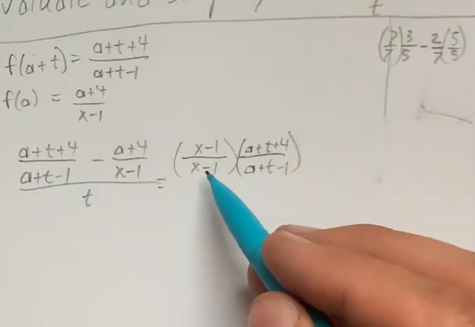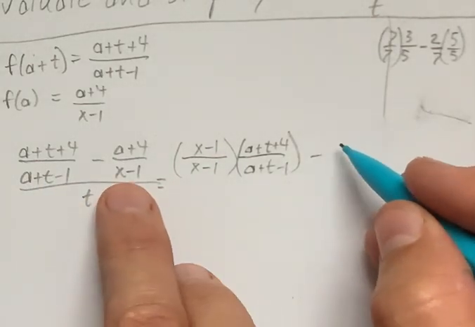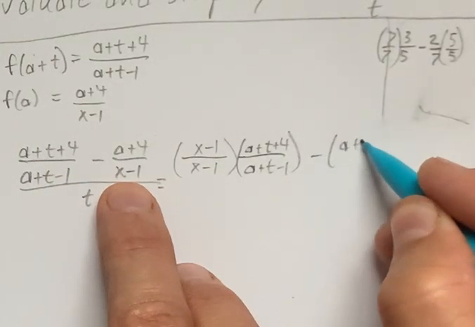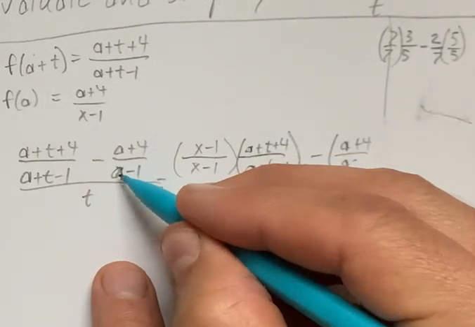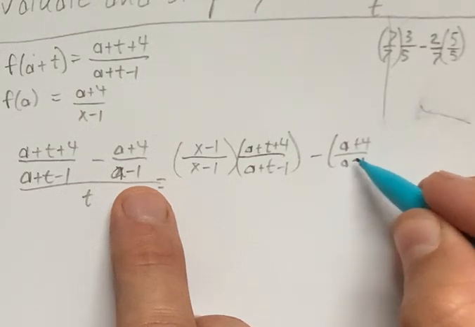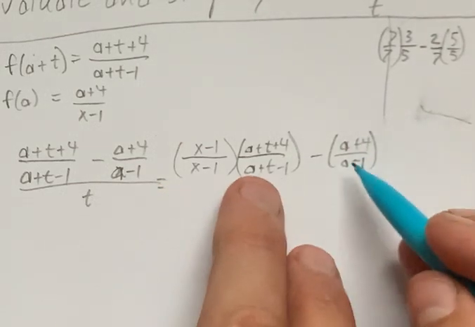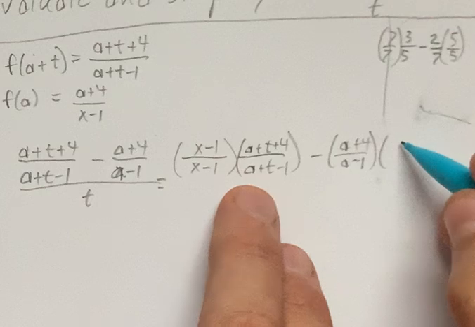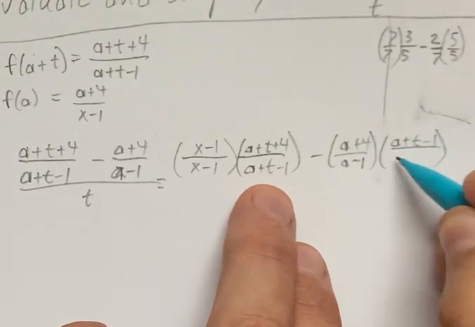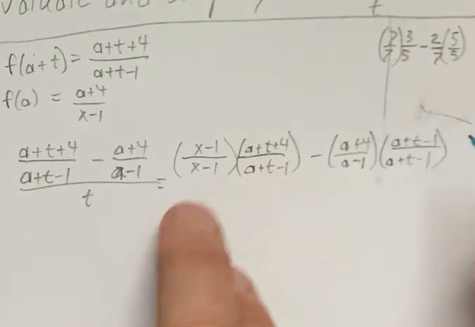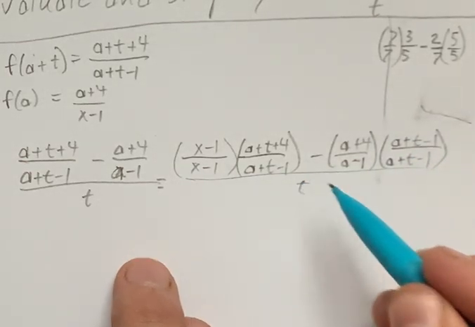Multiplying this by a clever 1, minus this thing here, a plus 4 over a minus 1, right? I need the same denominator, so this had better be multiplied by a plus t minus 1 over a plus t minus 1. There's going to be a t in the denominator everywhere.